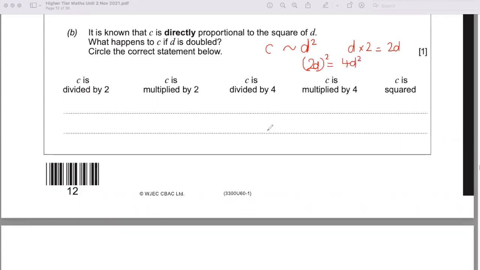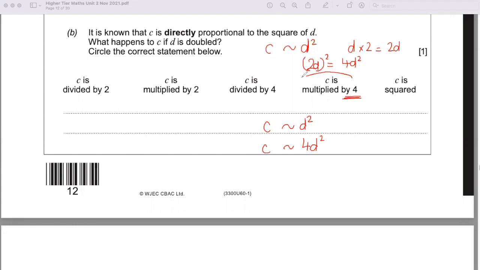So instead of C being directly proportional to D squared, now it will be directly proportional to 4D squared. It's going to multiply by 4, because of the 2 squared.